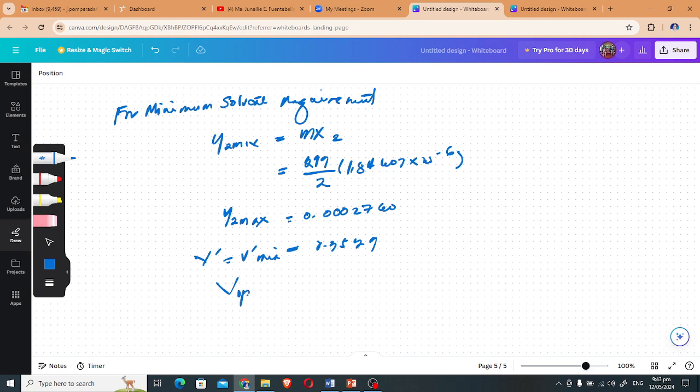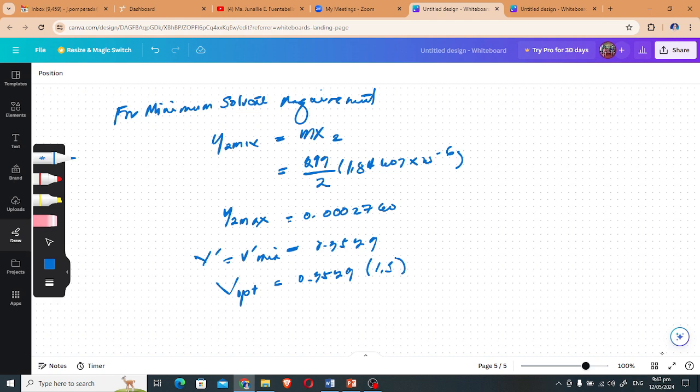So V optimum, the optimum amount of air that should be used, is equal to 0.3529, and since this is your minimum, you multiply it by 1.5.